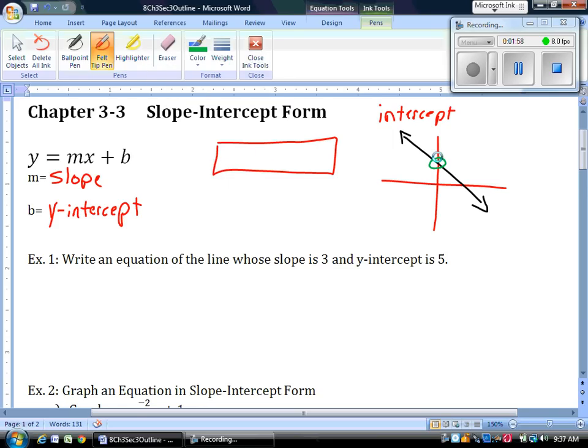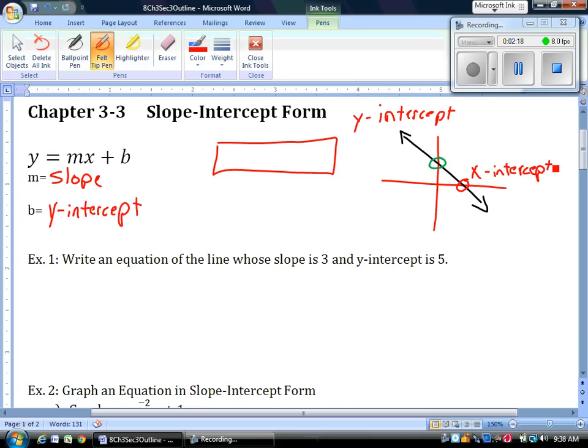That's what a y-intercept is. The x-intercept is where it crosses the x-axis, so that would be over here. But we don't need that for graphing right now. We're just going to use the y-intercept.